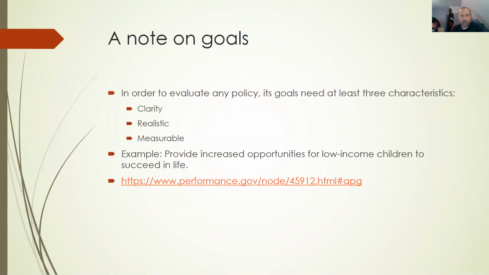We can minimize them, right? We can set a goal to reduce them. We could even set a goal to reduce them by a certain percentage, although then you get in a little bit of trouble. But we just want to make sure that what we're doing is achievable.